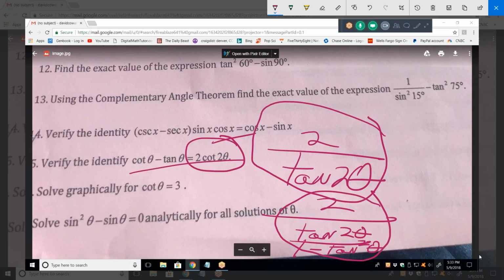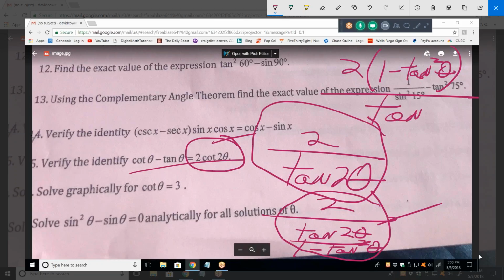You made it into 2 over tangent 2 theta. Yeah, and then that turns into this, and that turns into 2 times 1 minus tan squared theta all over tan of 2 theta. Did you expand the tangent 2 theta on the first part?